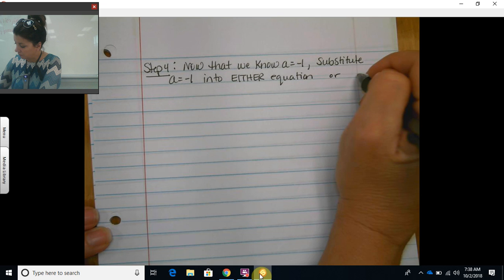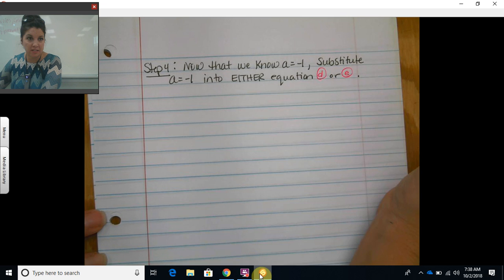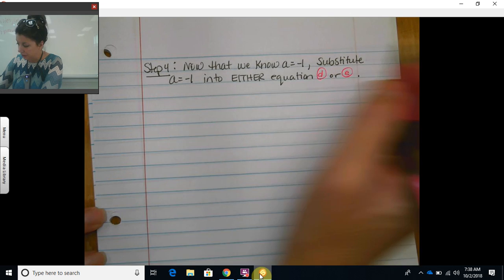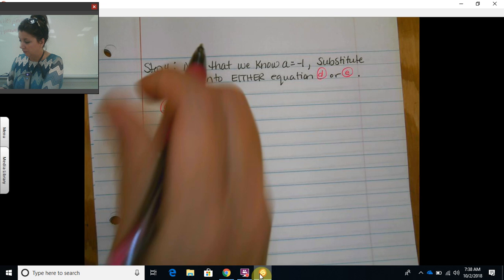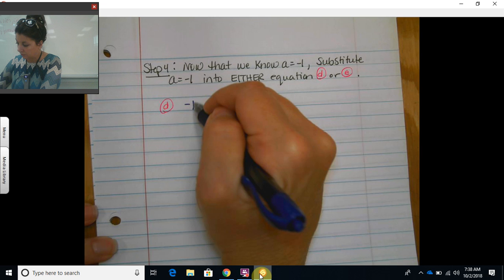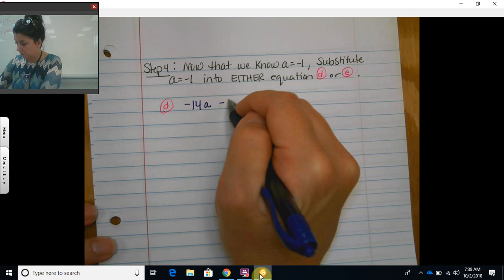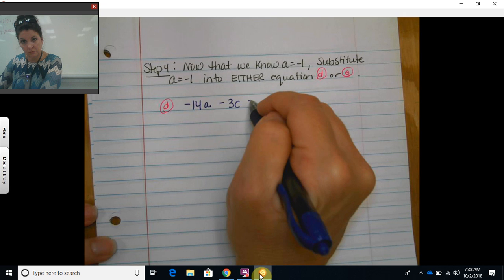And it does not matter which one, we will get the same exact result regardless of which equation we use. So I'm just going to choose D because the numbers are smaller. It does not matter if you choose D or not. Just make sure you write it down correctly.